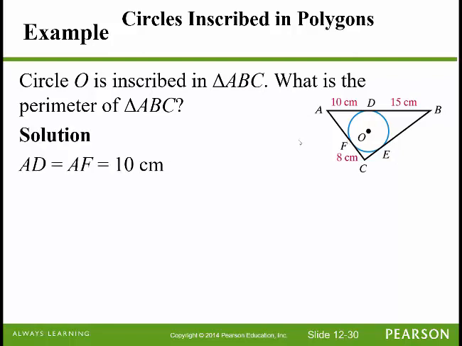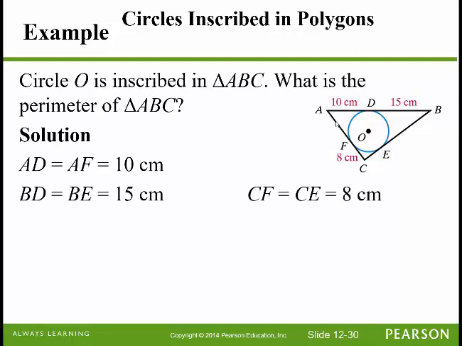Remember your theorems. Segment AD, because of the tangency, is equal to segment AF, so this is also 10. Following the same idea, BD is equal to BE, so this segment is 15. And FC is the same as CE, so this segment is 8.